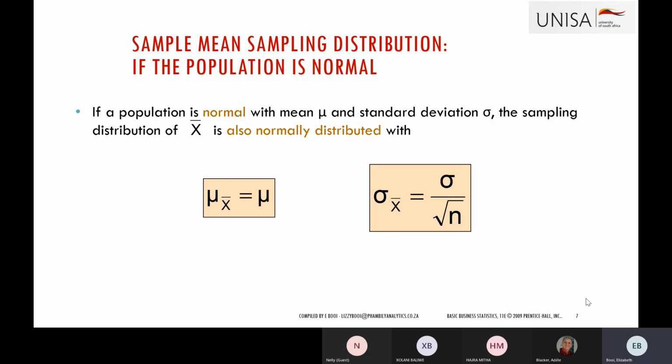And also, you should have learned that the standard deviation of a sampling distribution of the mean is also called the standard error, and it is the population standard deviation divided by the square root of n.